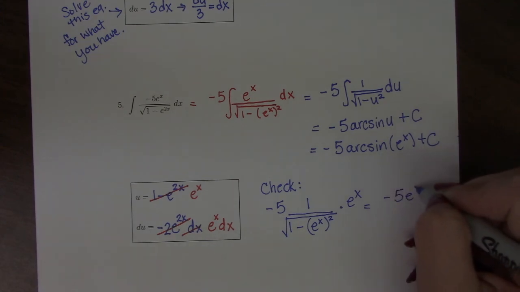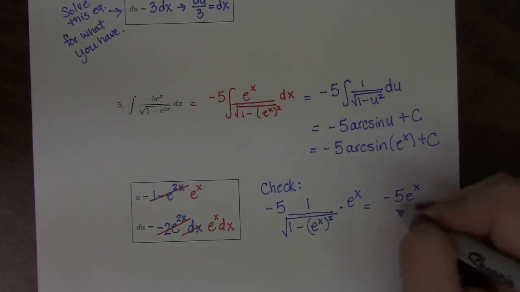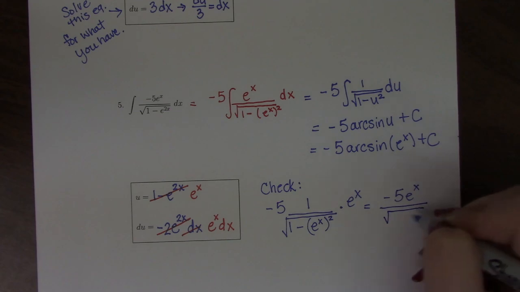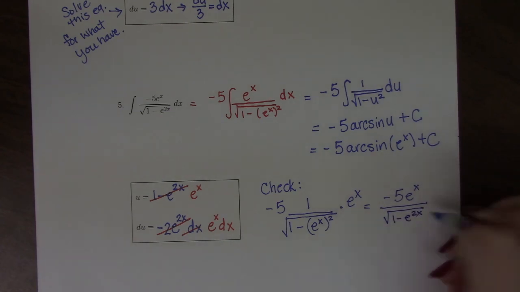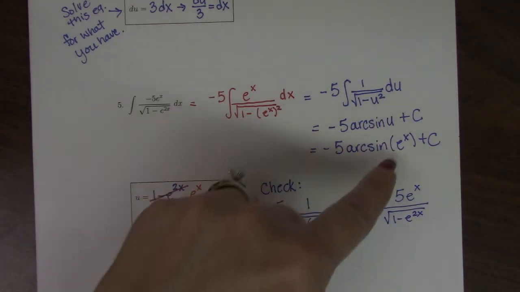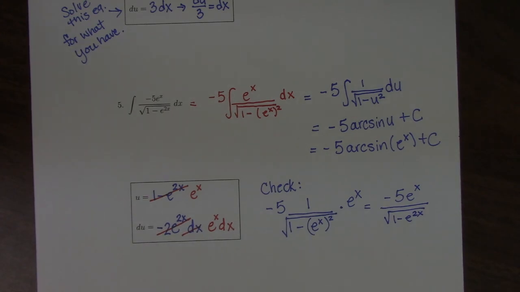And that is negative 5 e to the x over 1 minus e to the 2x. So this is, in fact, going to give us the antiderivative. So if you have an e to the 2x in the denominator, but you only have an e to the x in the numerator, that's how we knew to rewrite it as that guy squared.